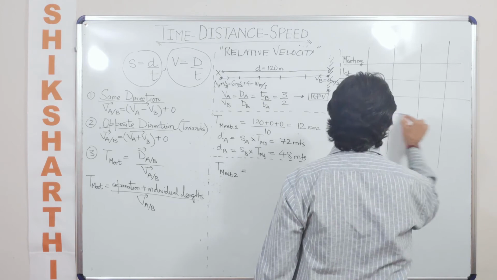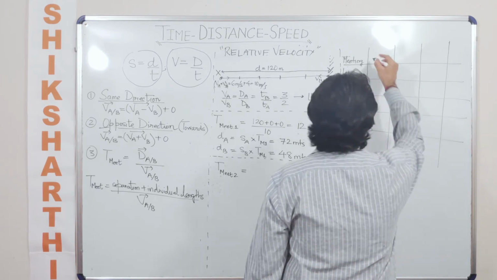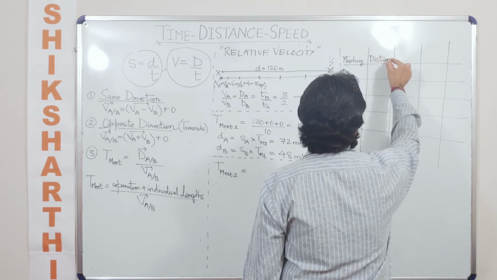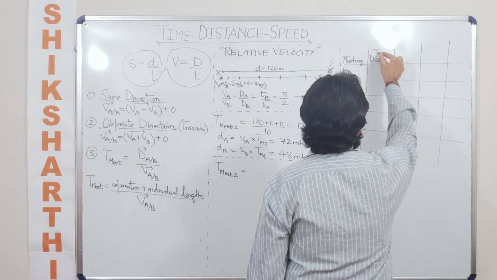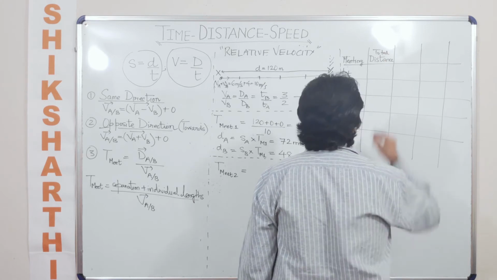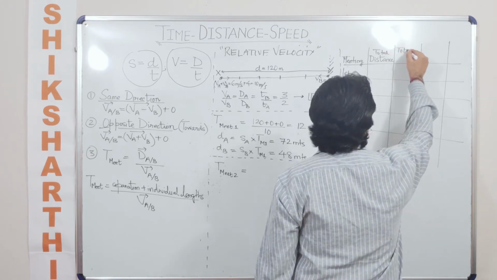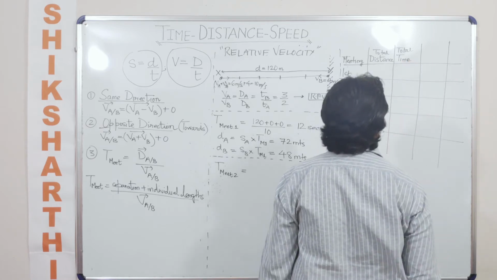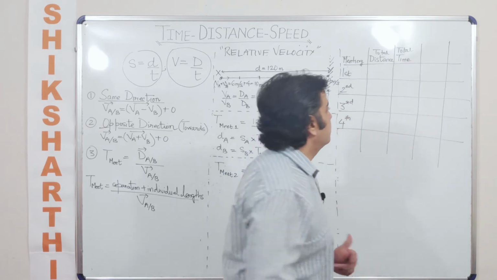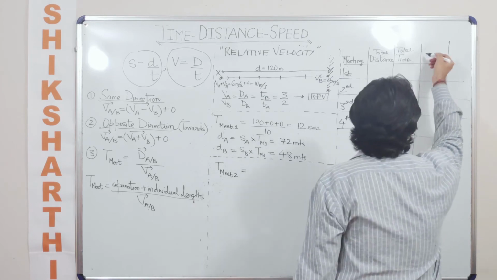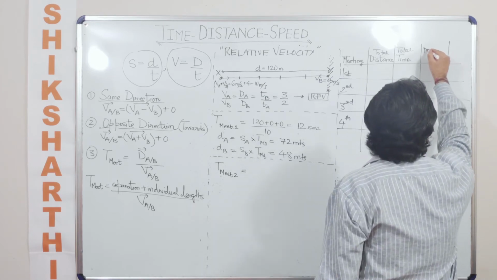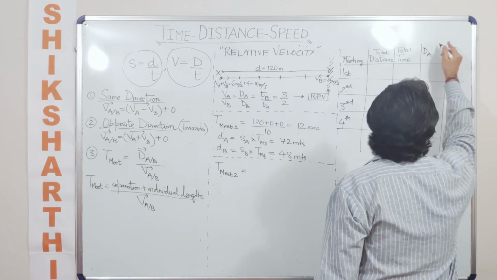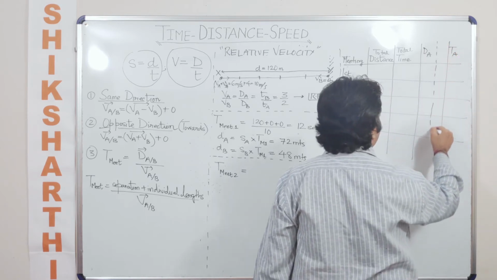This is just to understand it. Let's talk about the distance traveled. The total distance traveled, and what is the total time taken? Then you can always talk about individual distance traveled and individual time taken, such as the distance traveled by A and the time taken by A. Or we can divide this further into two parts.